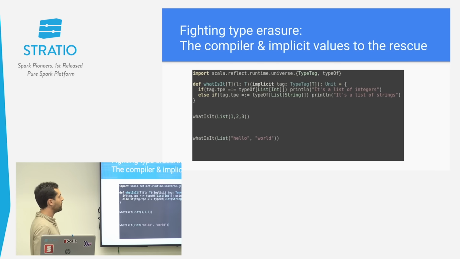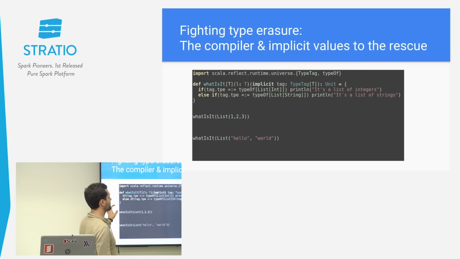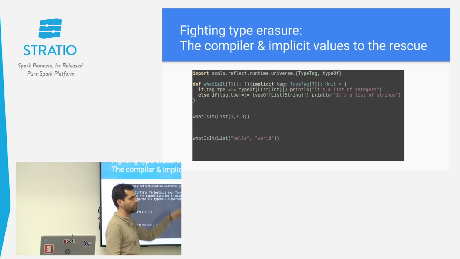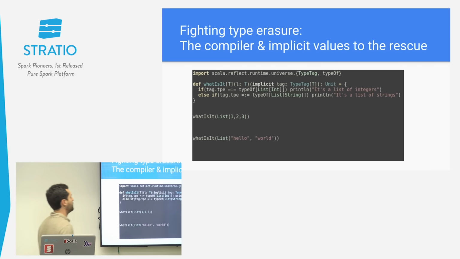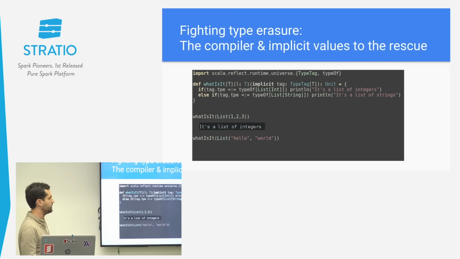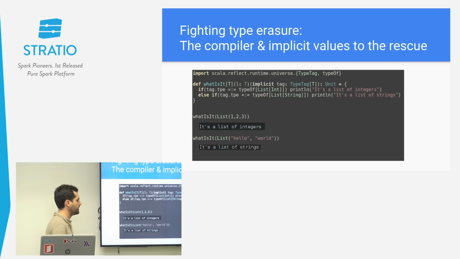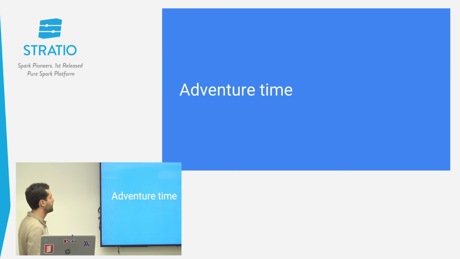The cool thing here is that you don't need to tell the compiler to provide in your implicit context what the values for this are. The compiler will do that for you. So in this case, asking whether a list of 1, 2, 3 is a list of int will answer correctly. If you pass a list of strings, it will answer with the right answer too.